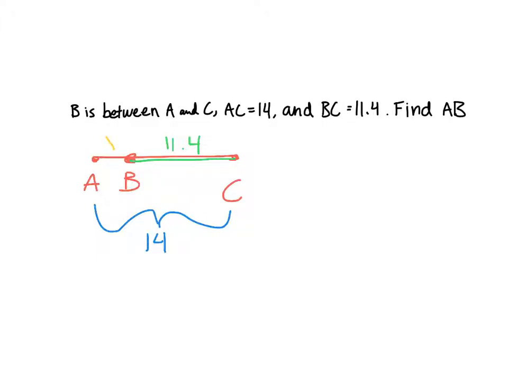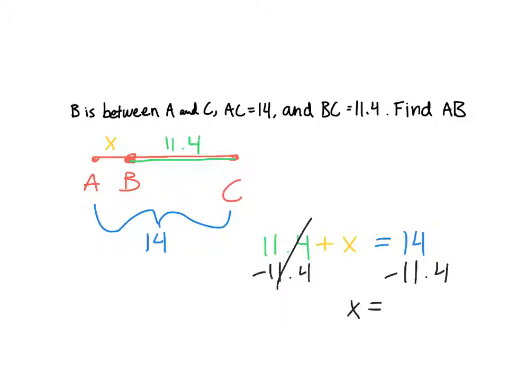So we could call AB x, and we would add the two segments and get the entire segment. So 11.4 plus x is equal to 14. And then we subtract 11.4. And x would be equal to 2.6.